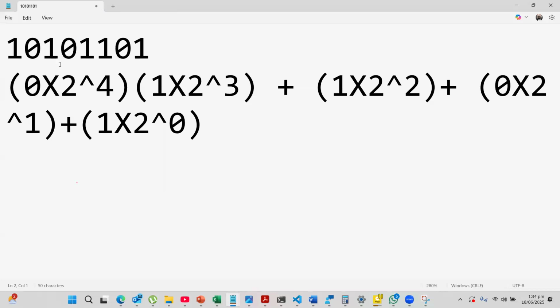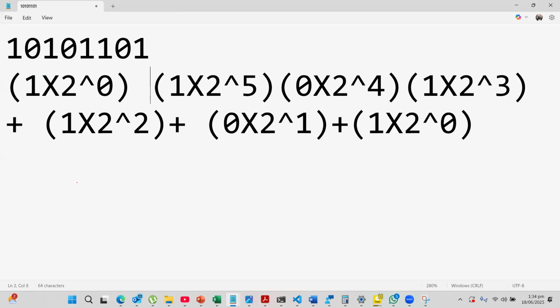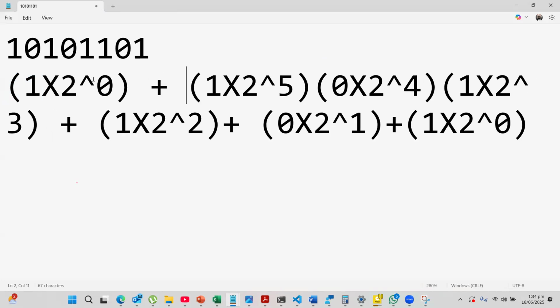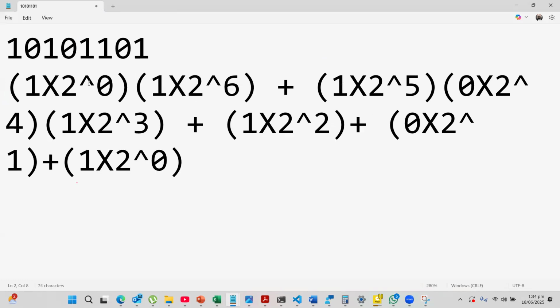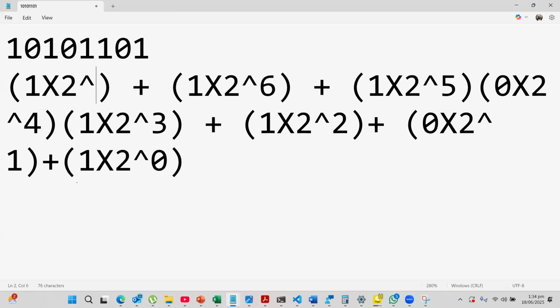Then I also have this one here times 2 raised to the power what? 5. Then I have this one here plus 2 raised to the power what? 6. Then finally I have this one plus 2 raised to the power 7.